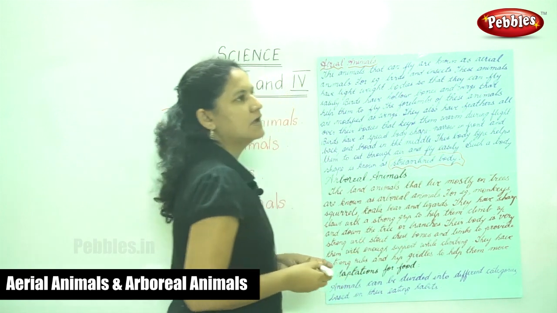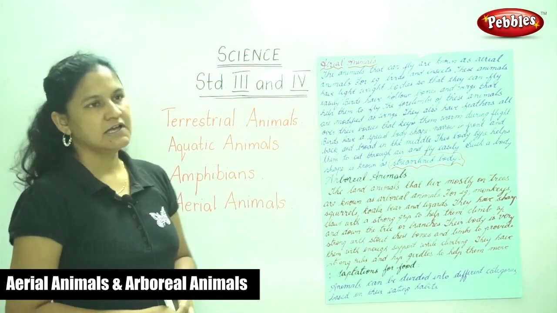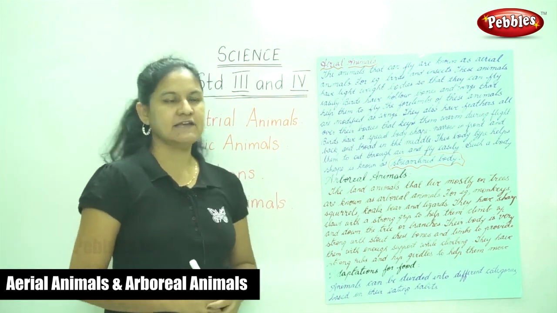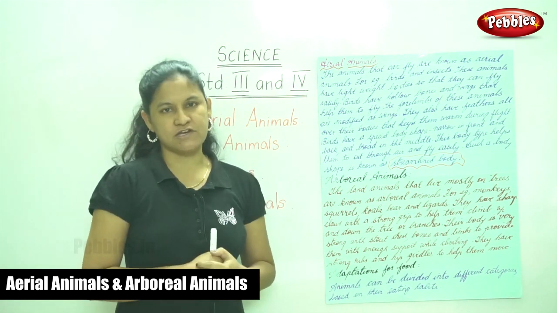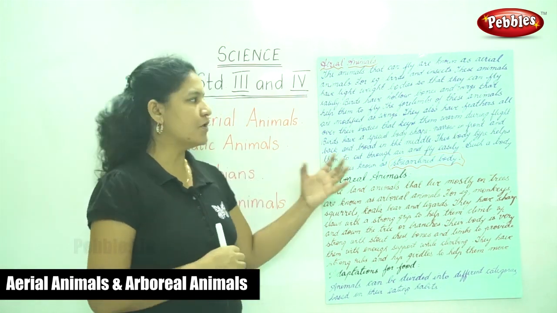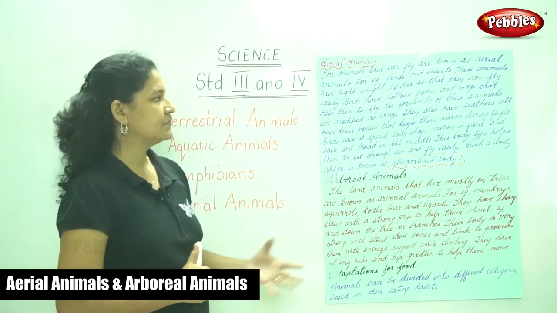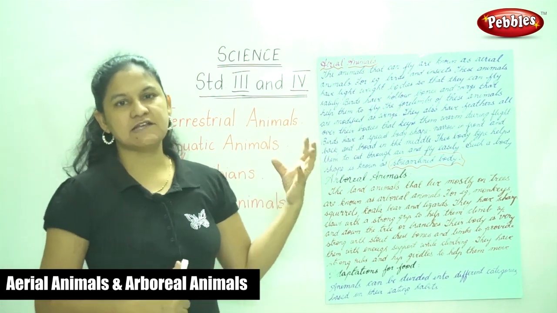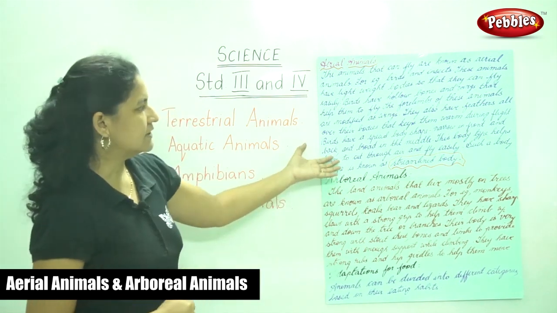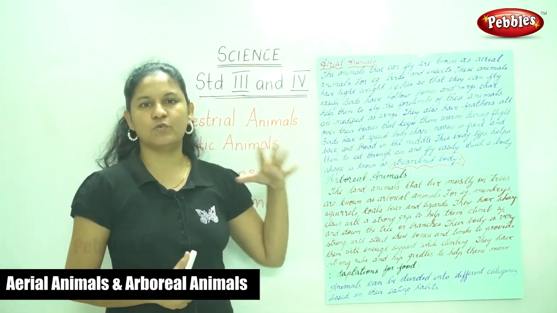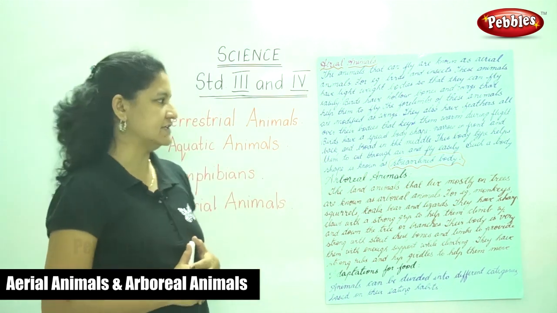So animals that can fly are known as aerial animals, and your examples are your birds and insects. And these animals have lightweight bodies and hollow bones and wings that help them to fly. The forelimbs of these birds are modified as wings, and they have feathers all over their body to help them keep warm during flight.